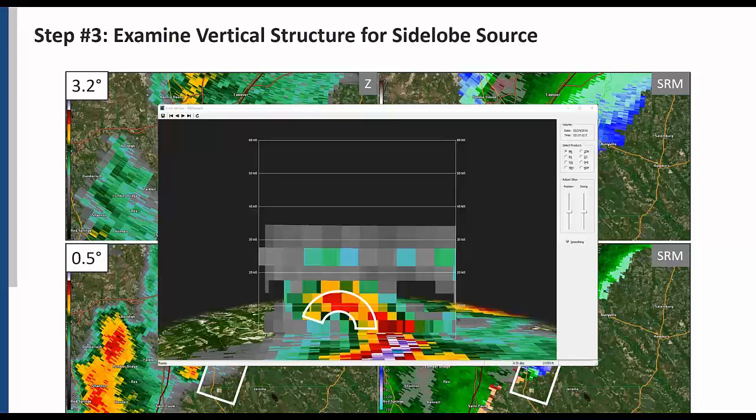In this case, I've highlighted an area here with this white outline where the main lobe is going to be, towards the middle, where the reflectivity returns are really weak. Where the side lobes are likely going to be located, you have a lot of really strong returns, certainly a lot of 40 to 50 dBZ, but you also have quite a bit of area in that 50, 60 dBZ.